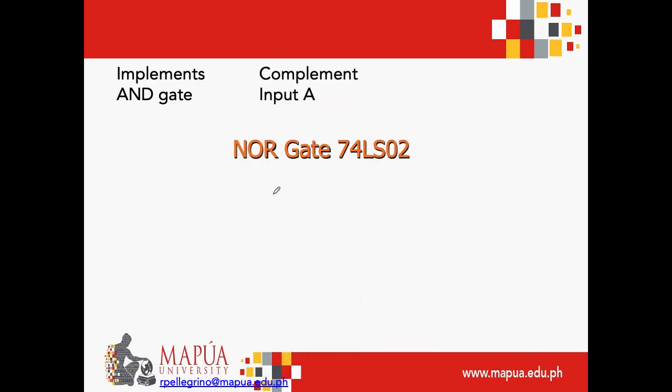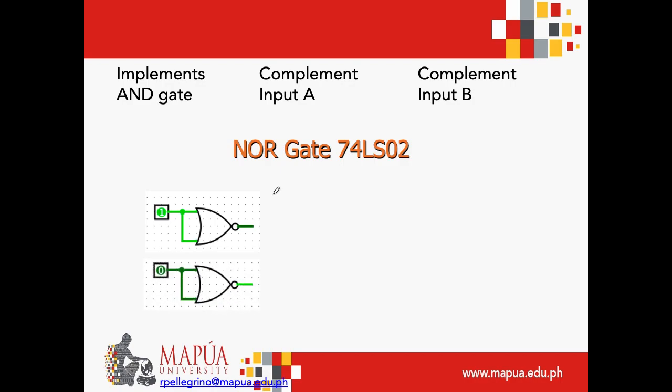So NOR gate 74LS02 can also be used to implement AND gate by first complementing the input A, the first input, and by complementing input B, and applying the NOR gate.